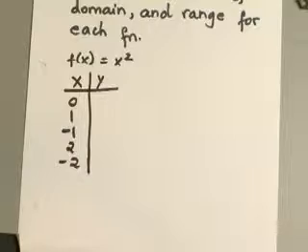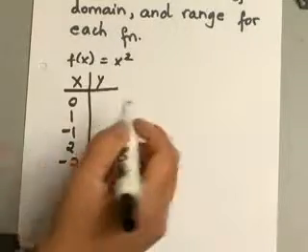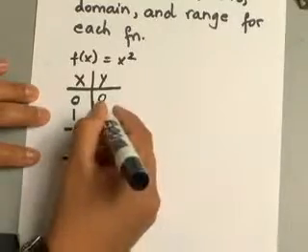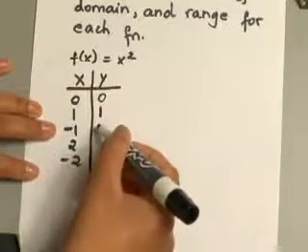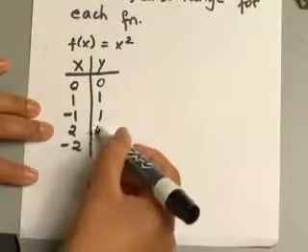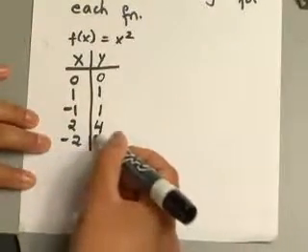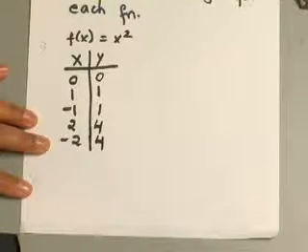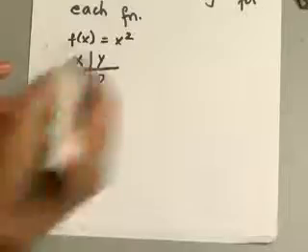And your corresponding values were: 0 squared is 0, 1 squared is 1, negative 1 squared was also 1, 2 squared we know gives us 4, and negative 2 squared will also give us 4. So we'll need these points to graph our f of x function.